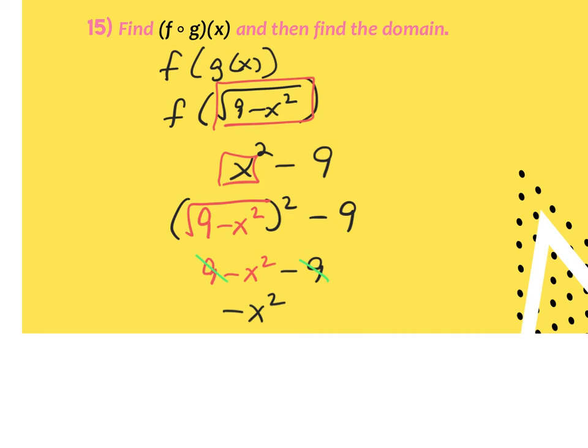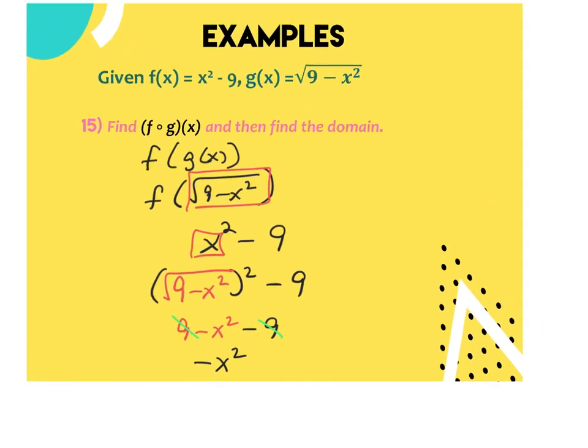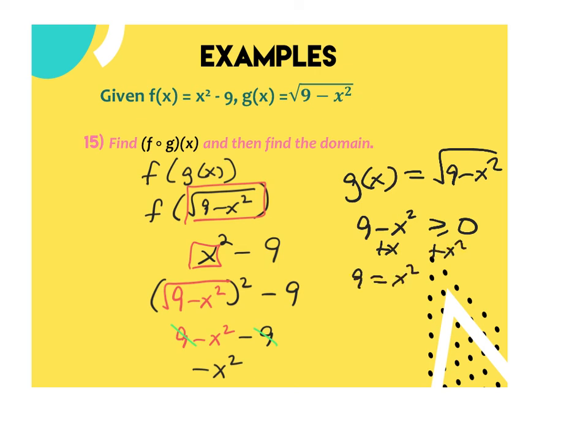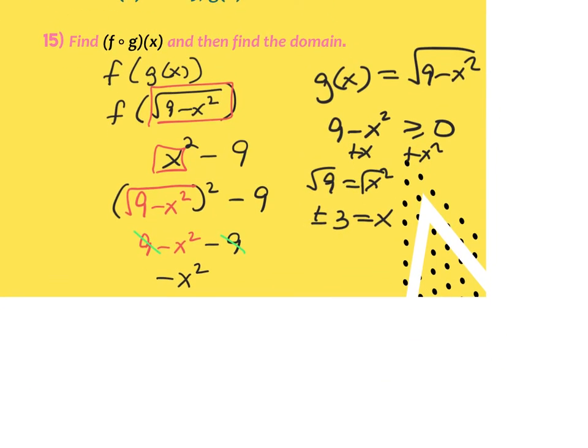The domain on the composite is all real numbers. However, we need to go back and check out the domain for the g of x. So the g of x equaled this. It's a radical, so we need to set what's under the radical to be greater than or equal to 0. Once I solve this, I'm going to get 9 equals x squared, square root it. It's quadratic again, so we have to do our checks. So -3 and +3, and I'm going to plug in my test point 0.